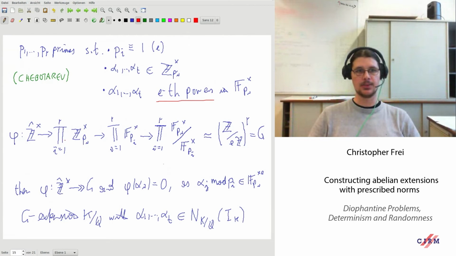So it goes to this finite product over Z_Pi star. And then in each component, I can reduce mod Pi. They go to the finite product for i from 1 to R of the residue fields, F_Pi star. And then I reduce some more. I go, in each factor again, to F_Pi star mod E-th powers.